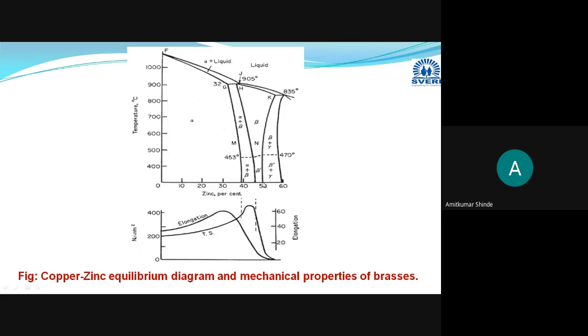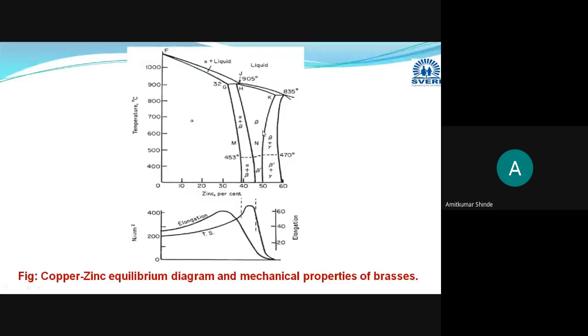And when the percentage of zinc goes above 50%, again a new phase will be there, and that new phase will be termed as gamma phase. Okay, gamma phase will be there. And this gamma phase is very brittle in nature. Generally, whichever commercial brasses we are using, those brasses are either alpha brasses or alpha beta brasses.